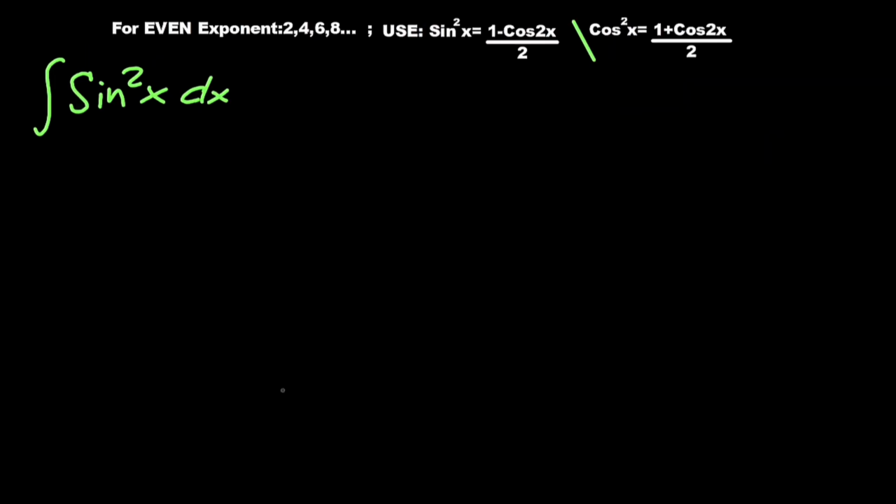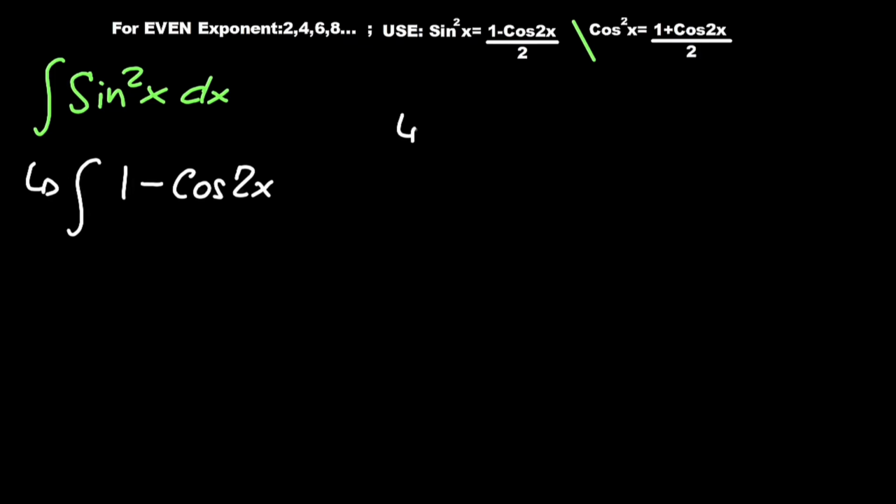So, let us now talk about even exponent regarding sine and cosine. So, let us start with the integral of sin² of x dx. So, we will transform this into this trigonometric reduction formula, which would be equal to 1 minus cosine twice of x, but since our x here is x, it is just 2x.